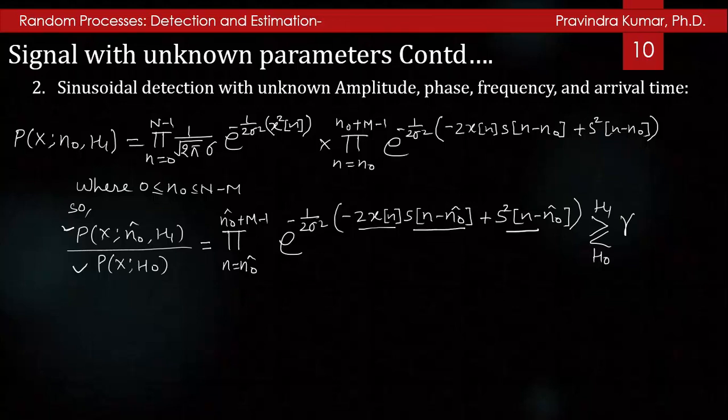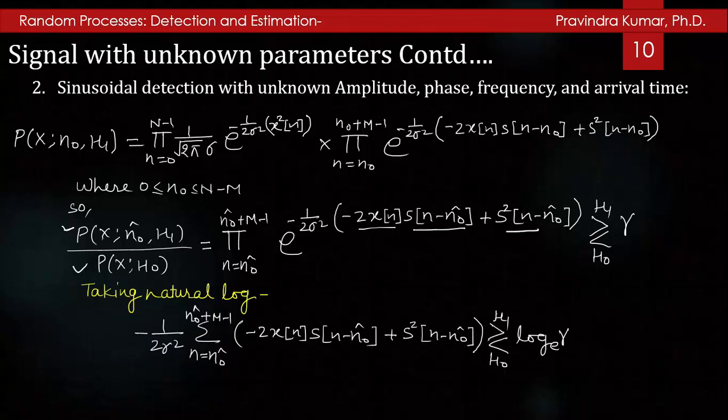and this ratio will be greater than or less than some threshold gamma. Taking the natural log of this, you will get minus 1 by 2 sigma square times the summation for n = n0 hat to n0 hat + M minus 1 of (minus 2 x[n] s[n - n0 hat] plus s square[n - n0 hat]), which will be greater than or less than log e gamma.